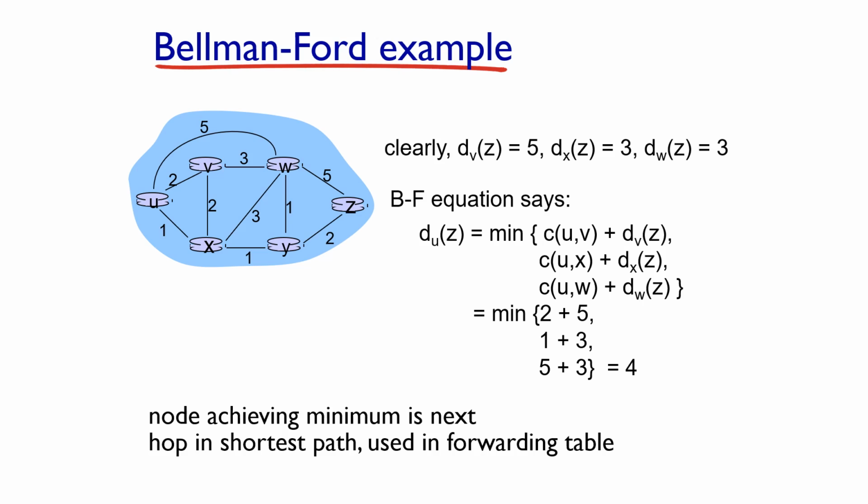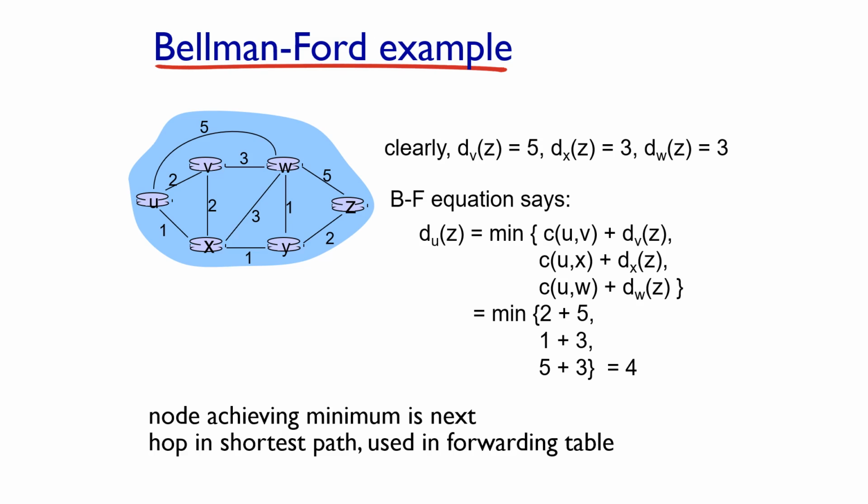Since u has three different neighbors, there are three different entries in the set, and the minimum among them is chosen. So the cost of u to v is 2, plus v to z. V to z can be computed as 2 plus 1 plus 2, that is v to x 2, x to y 1, y to z 2. So 2 plus 1 plus 2 equals 5. That is the cost of v to z.